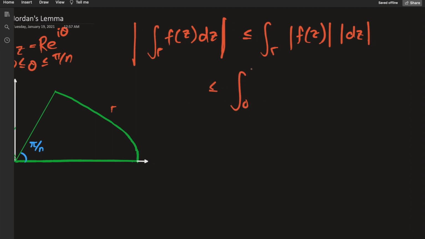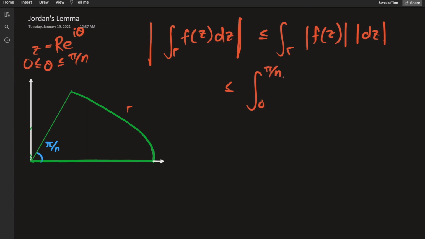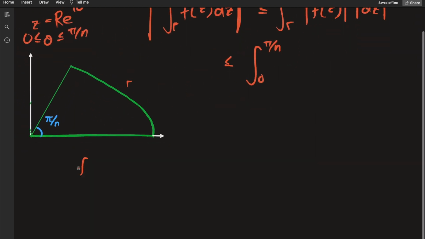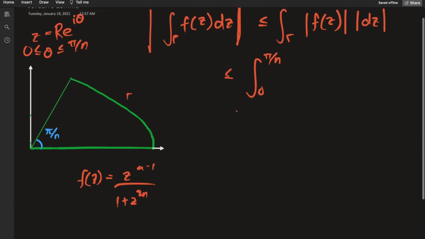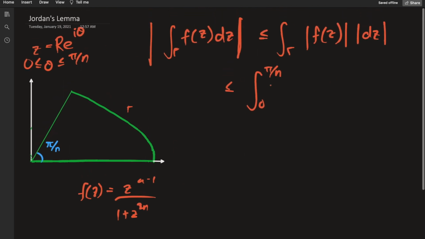So the integral from 0 to pi over n. We could have substituted f of z. I can write it down again: z to the a minus 1 over 1 plus z to the 2n. So instead of z, we have this parameterization to put.